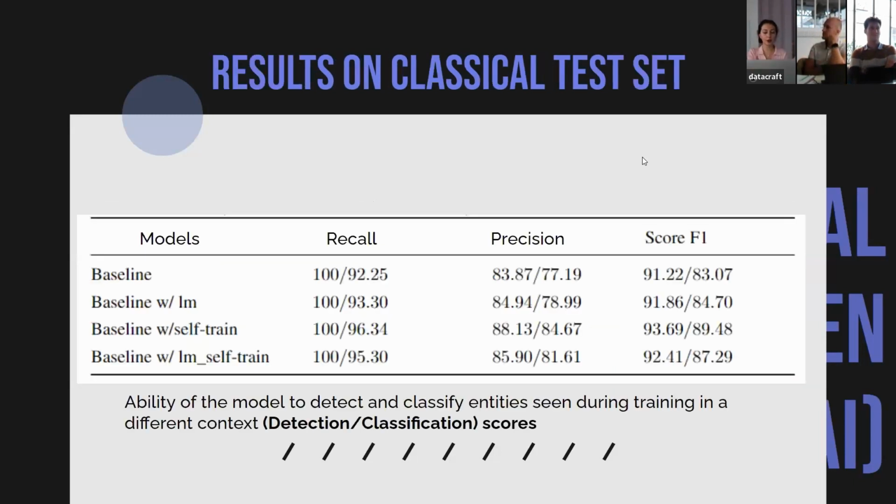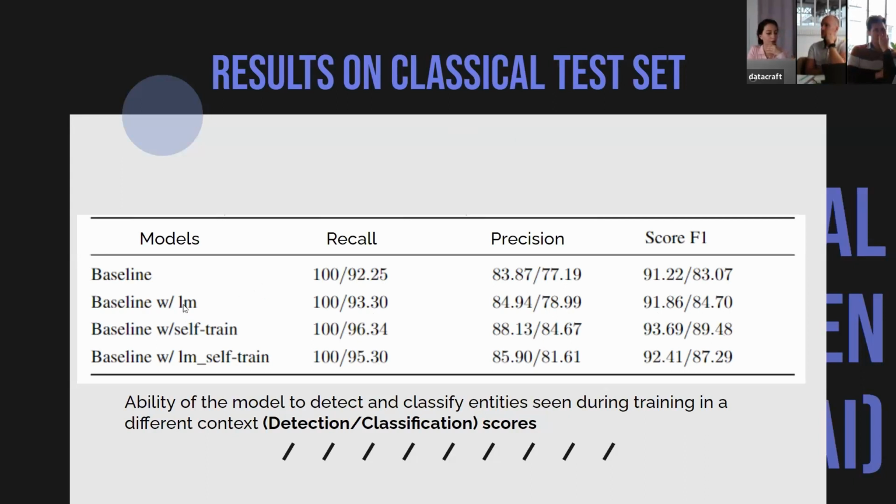These are the results on the classical test set, which contains words that were already seen in the training set, but in a different context. We can see that with self-training we have a high improvement of the recall and of the precision, so an improvement of the F1 score in general.